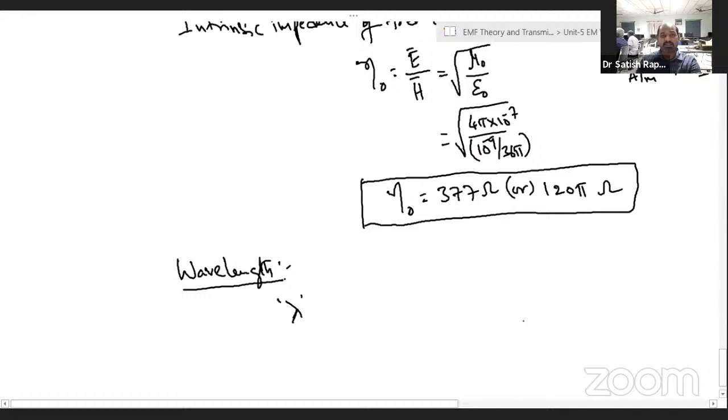Lambda is the distance that the wave travels in a time t with a velocity v. For example, this is the wave, and time t for one cycle, time t. The distance traveled by the wave.